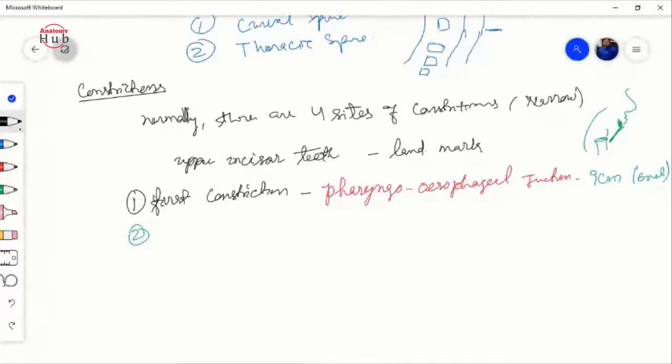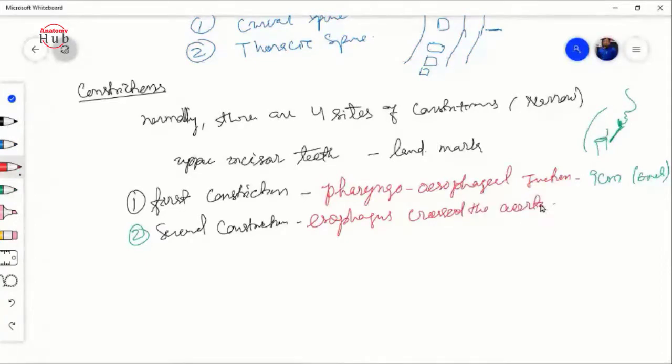So the second constriction is where the esophagus crosses the aorta. Okay, when the esophagus crosses the aorta.